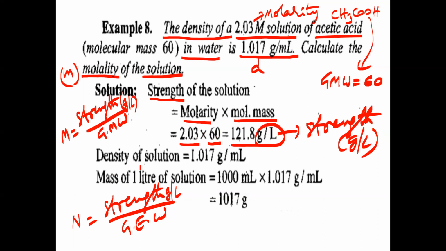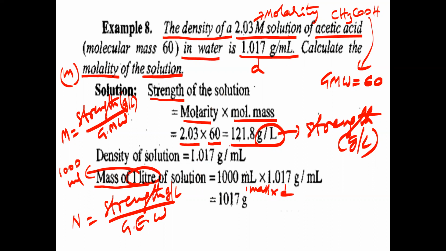Is that clear? Now the density of the solution is 1.017 grams per ml. Now the mass of 1 liter of solution. 1 liter is 1000 ml.